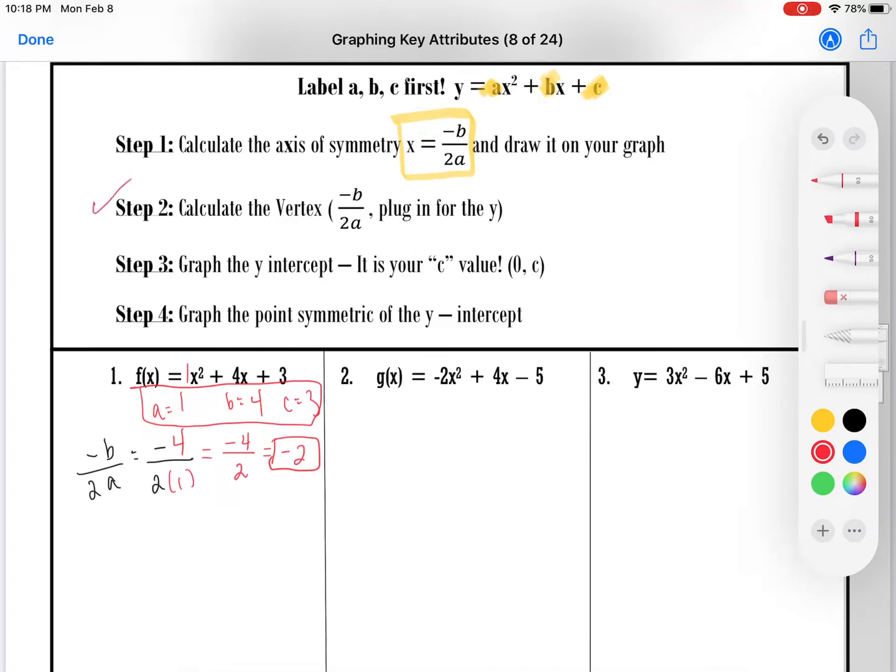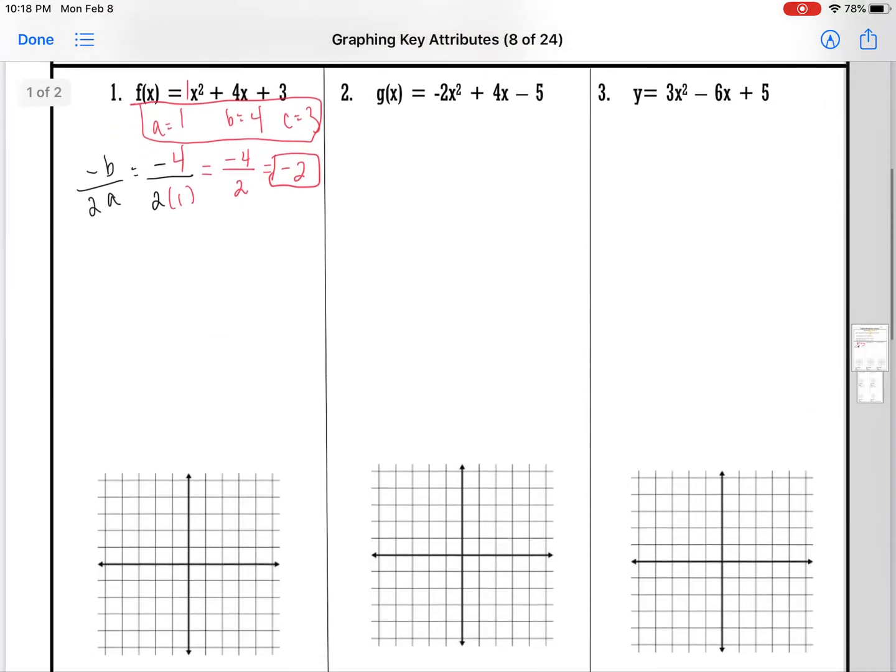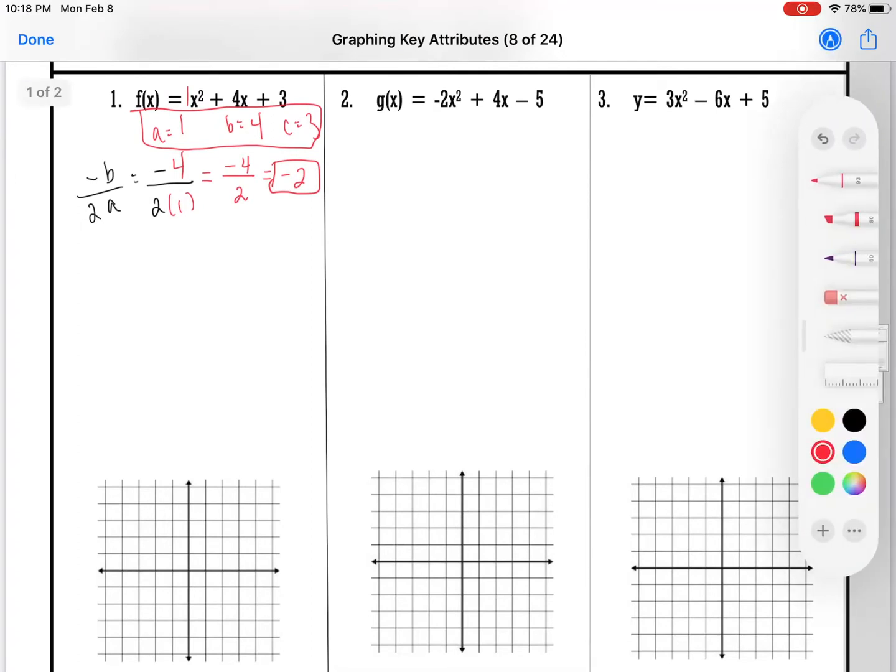Step 1's done, calculate the axis of symmetry. And then it says draw in your graph, so let's do that. On my graph, I know that my axis of symmetry is always x equals. So I'm going to draw it like this. We actually don't want a real point there. I'm just going to draw a line. There's negative 2 on my x-axis, right here. So I draw a line through that point.